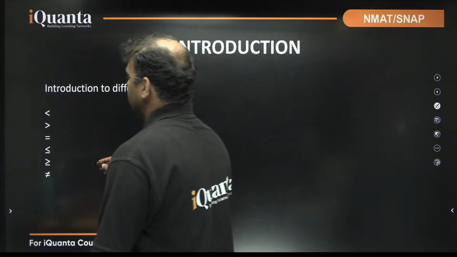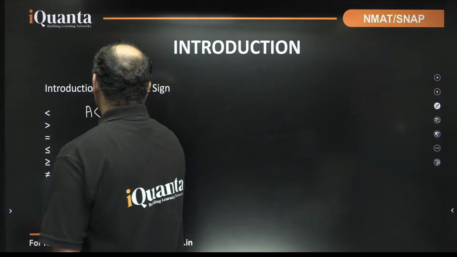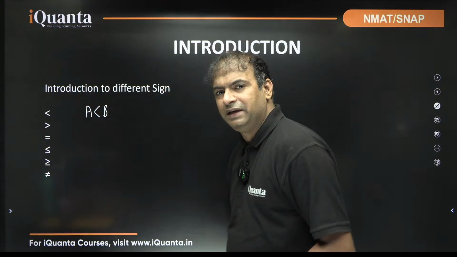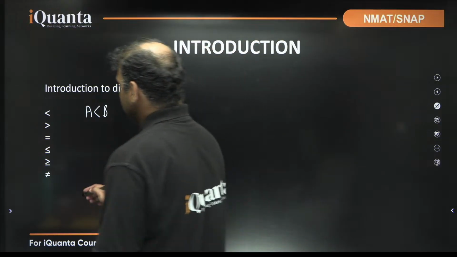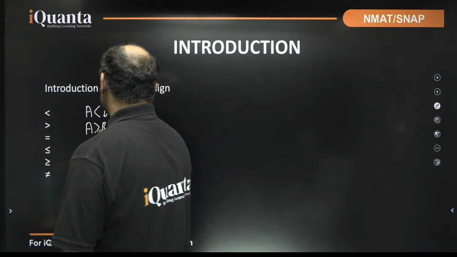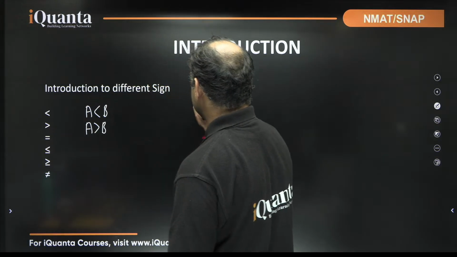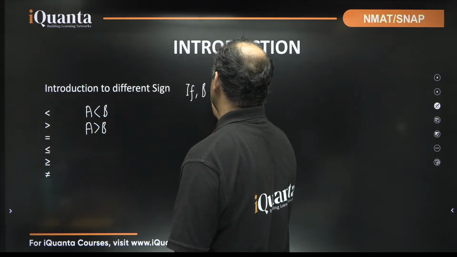Let's say, guys, they are saying that A is less than B. Very simple, that means the value of A should be less than the value of B. Pretty easy, right? Similarly, if they are saying that A is greater than B. Okay, let's do one more thing to understand more. Let's assume for a while that B is given to us as 5.